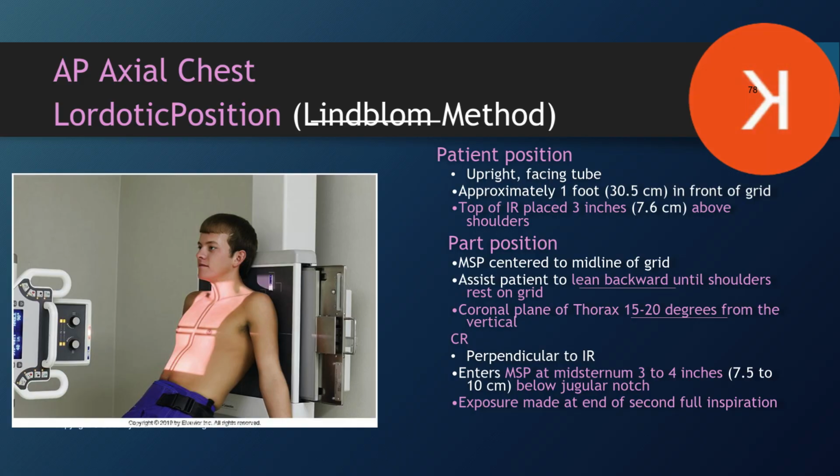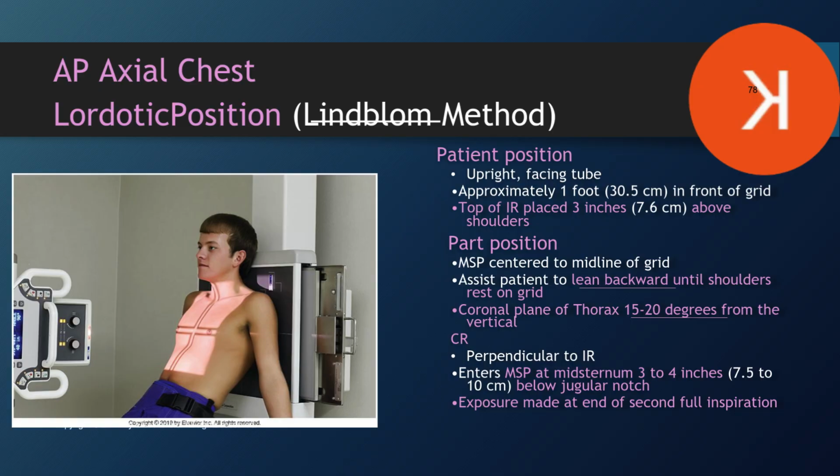AP axial chest in lordotic position, or this is the Lindblom method. Patient position: we have the patient facing the tube, upright, approximately 1 foot or 30.5 centimeters in front of the grid. Top of the IR is placed 3 inches or 7.6 centimeters above the shoulders. For part position, mid-sagittal plane or MSP centered to midline of grid.